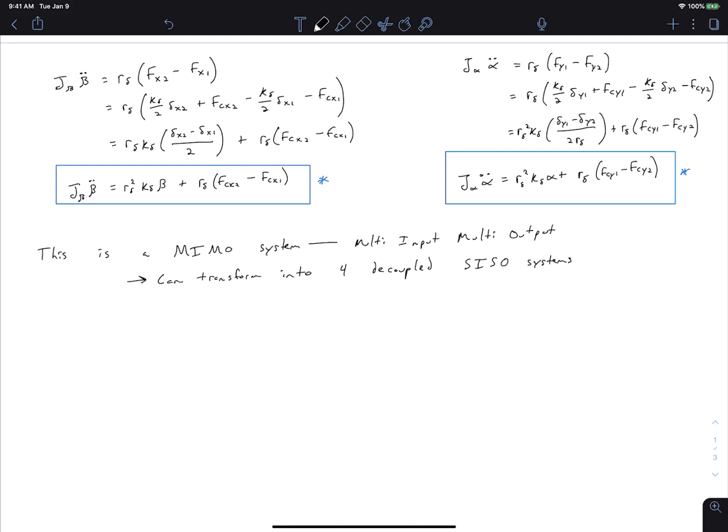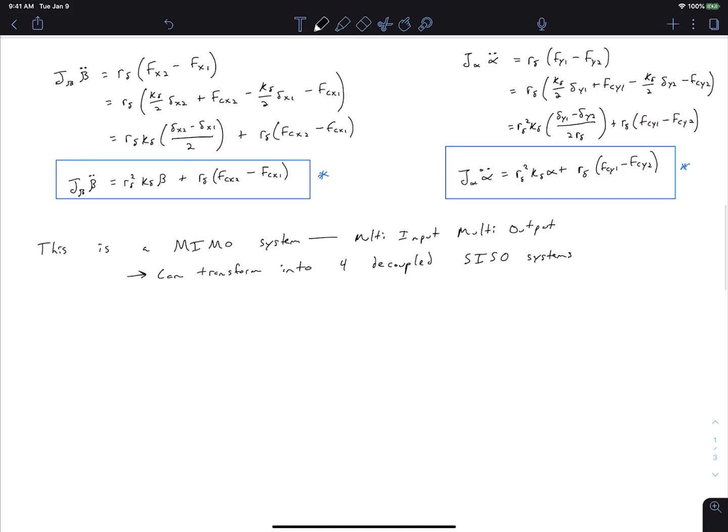But we can transform it into four single input, single output systems, and we like to do that because then we can go back to our simple block representation and use our classical control design techniques. So I'll show you how we can do that. Basically, we define these quantities fx sum, fx diff, fy sum, and fy diff.